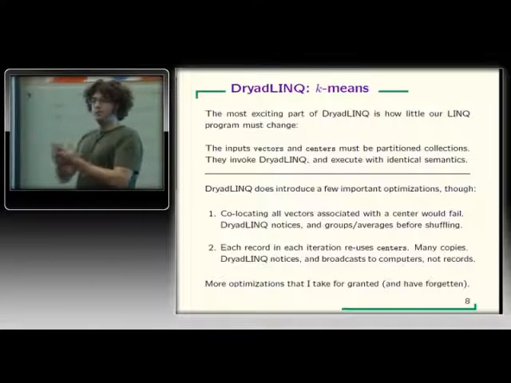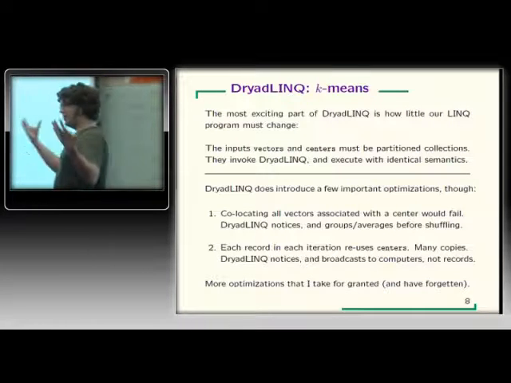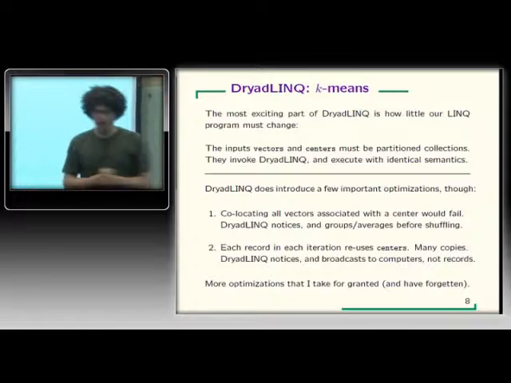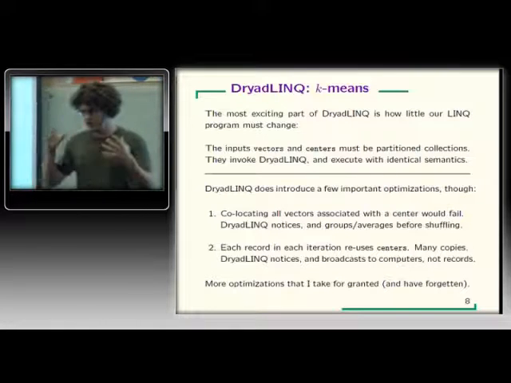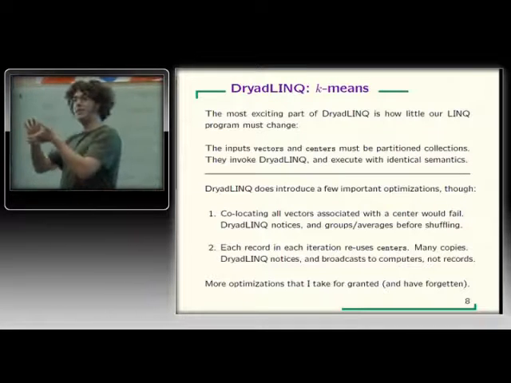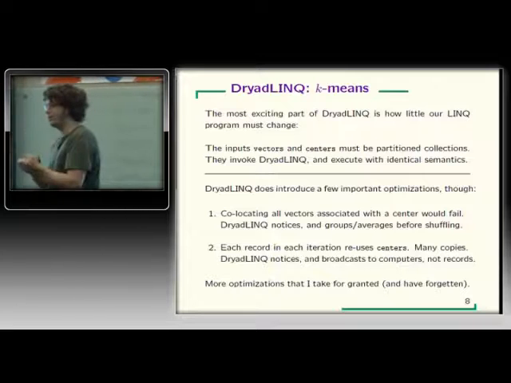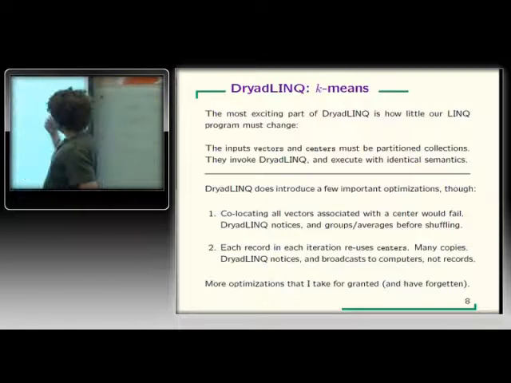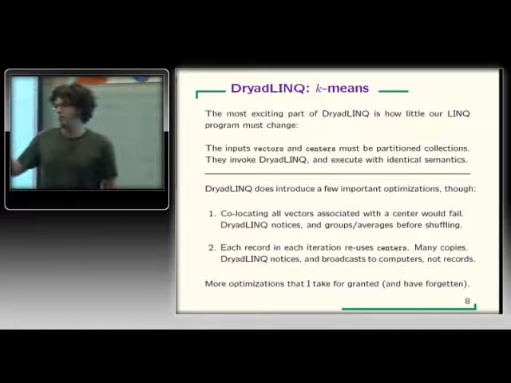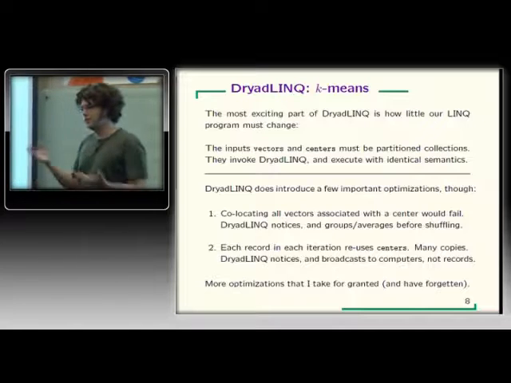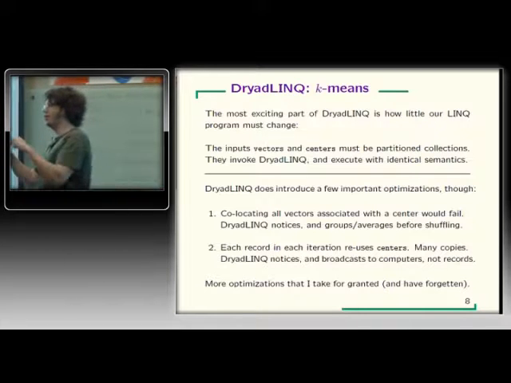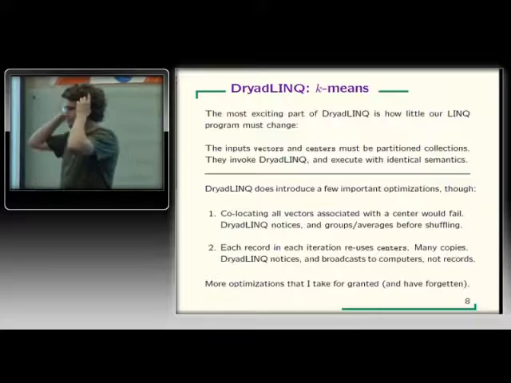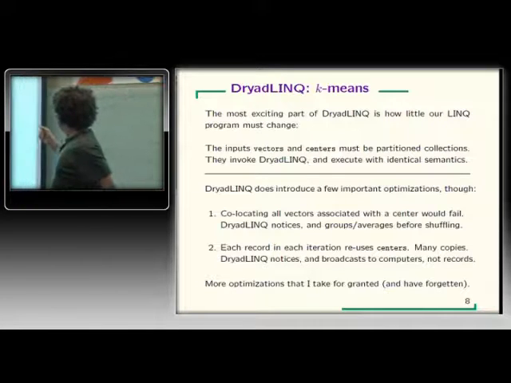So what's an example? If we really did have a terabyte of data for k-means, and we really did have a very small number of centers, let's say we only had 3 centers for k-means, the group by is going to try to take our terabyte of data and break it into 3 parts. We've asked it to associate every record in that terabyte with one of the centers in our data set.